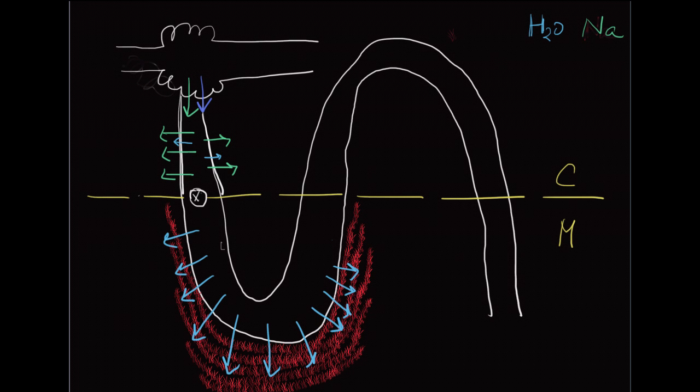So if we looked at our urine at this point right here, we now have reabsorbed much more water than we anticipated because of this significant medullary concentrating gradient that we find.